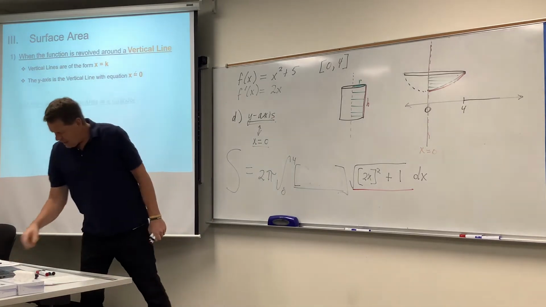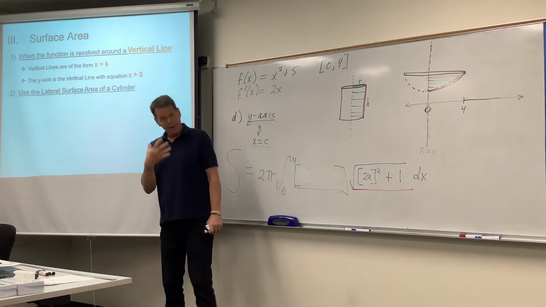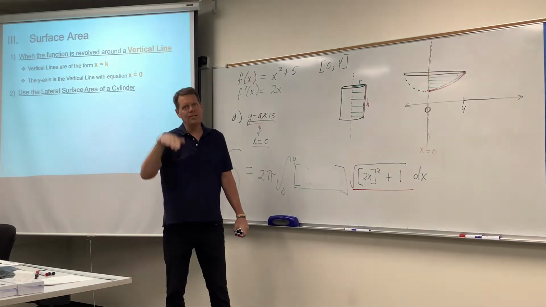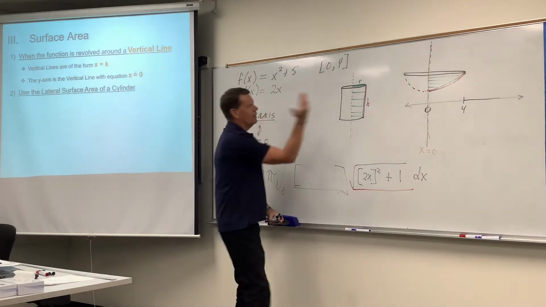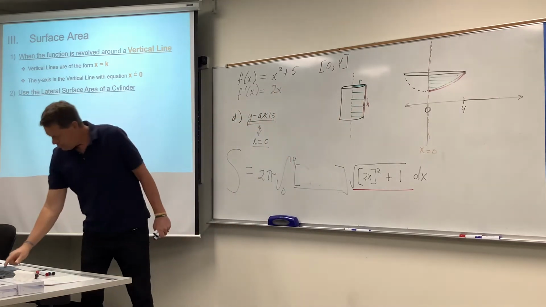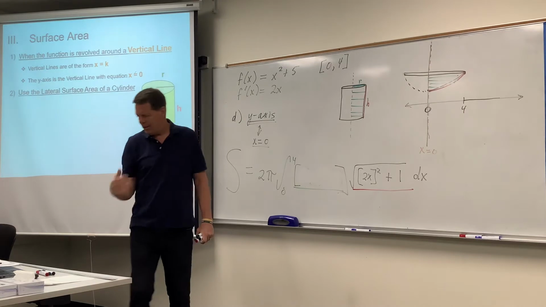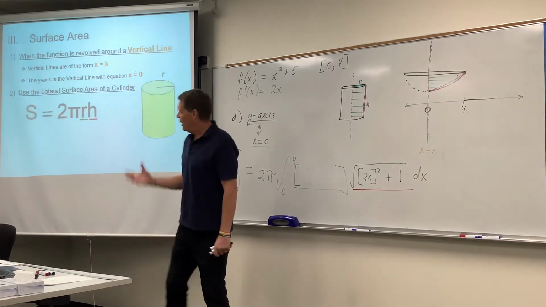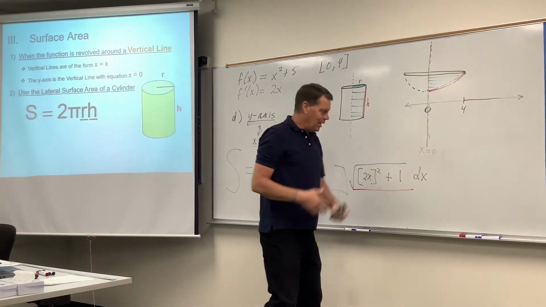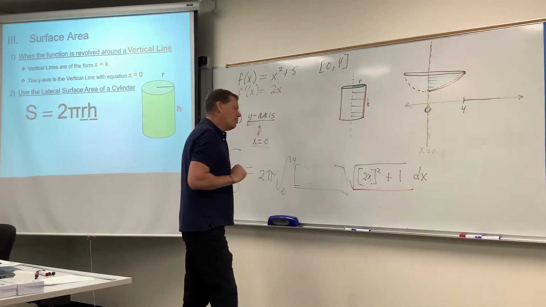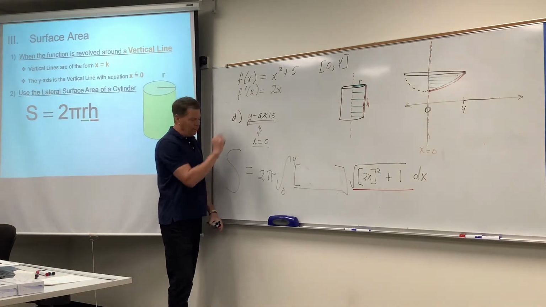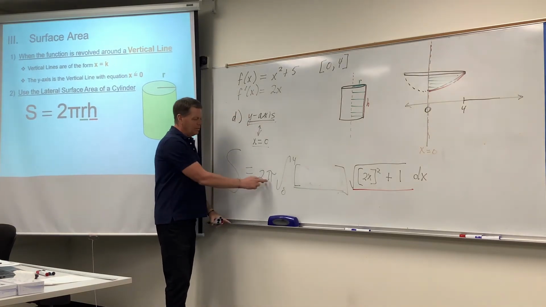We are once again going to use the lateral surface area of a cylinder. Let's keep in mind we're not worried about the circles at the top and the bottom, just this lateral surface. All right, so 2 pi r h would still be the deal, but this time the orientation of our cylinder is upright. So our surface area, capital S, is going to be 2 pi.